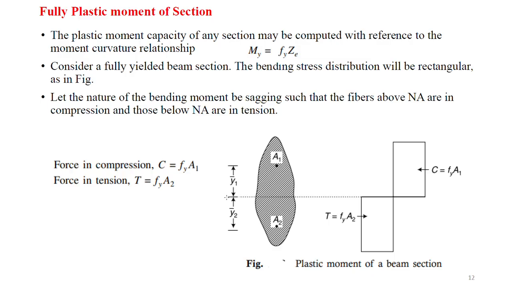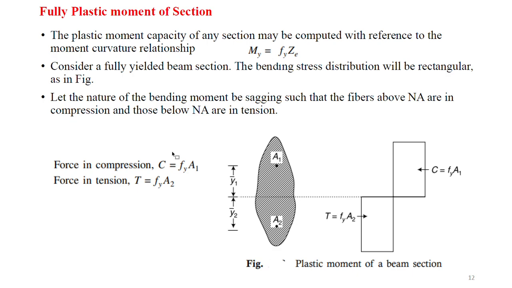Here we are not using the neutral axis, we are using the equal area axis. The area of the bottom portion will be equal to the area of the top portion. Equal area axis indicates that the force generated at the top will be the same as the force generated by the bottom section.